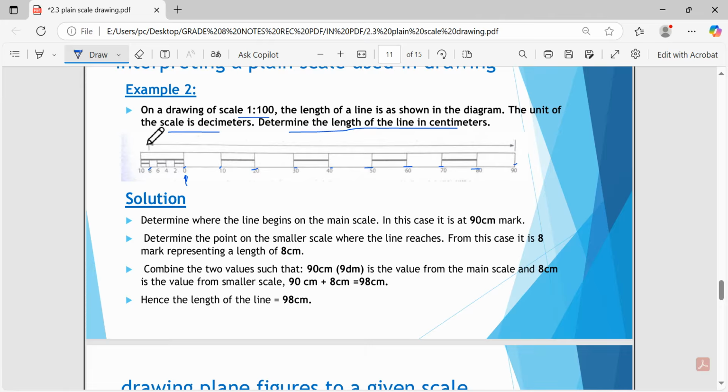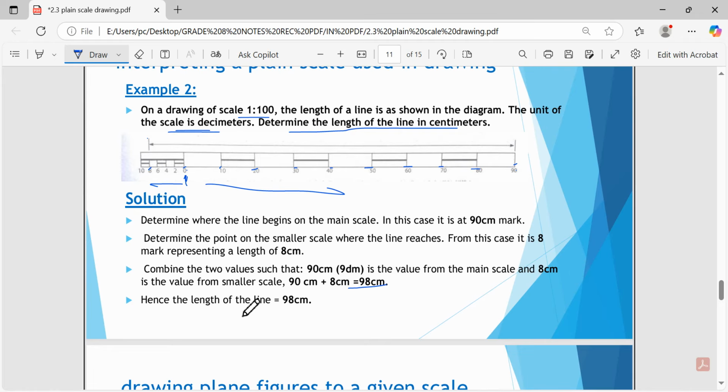Okay, because that is where our line is. So from 0 we get 90, and then 92, 94, 96, 98. So in terms of decimeters, because they've told us the scale is in decimeters, it is 98. And then we are supposed to convert these decimeters to centimeters.